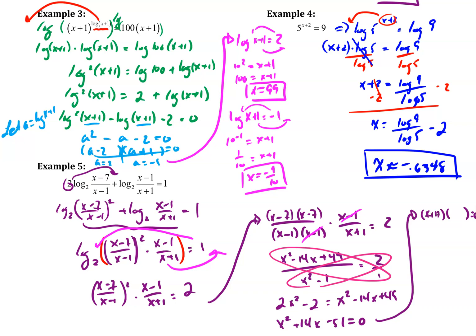Yeah, 17 and 3. So one's positive, one's negative. So x is equal to negative 17, and x is going to be equal to 3. Once again, I'm going to go back and check these don't make my logs values a negative number. They don't, so those are my answers.